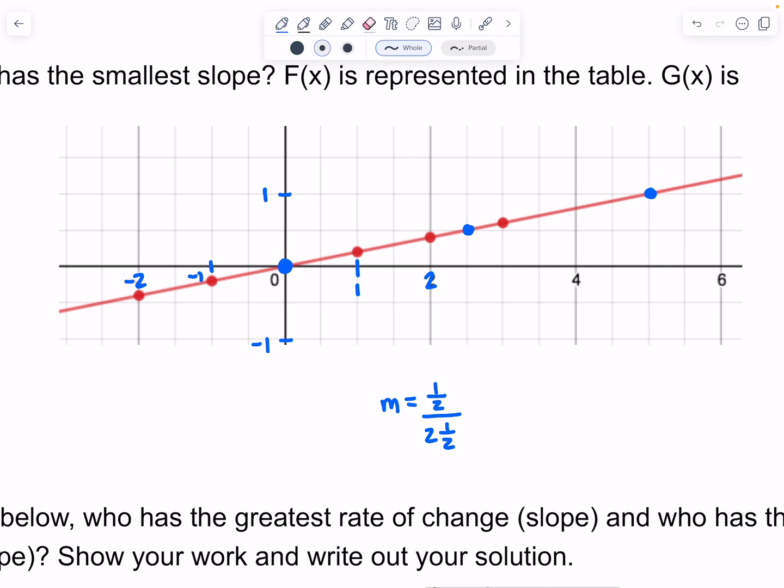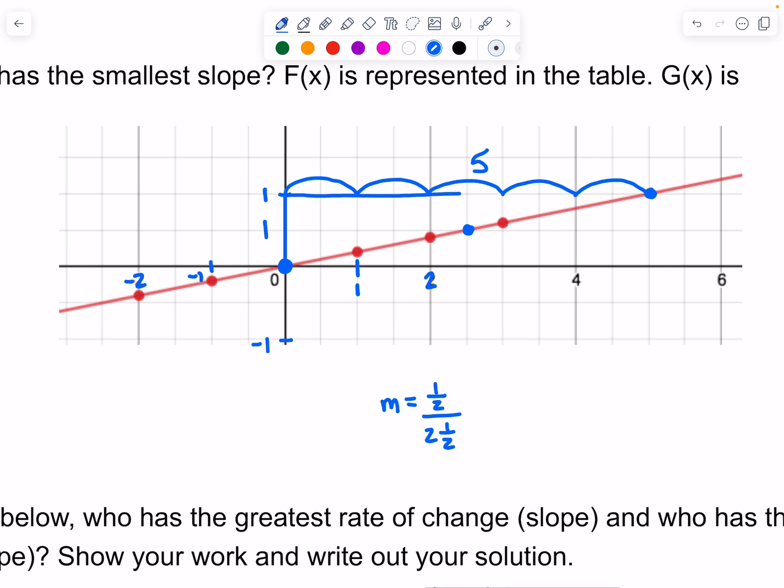So we've got a rise of 1 unit, but it's 2 boxes in this case. And then we got to run 1, 2, 3, 4, 5 units to get all the way over there to that other good point. So then the slope would be 1/5.